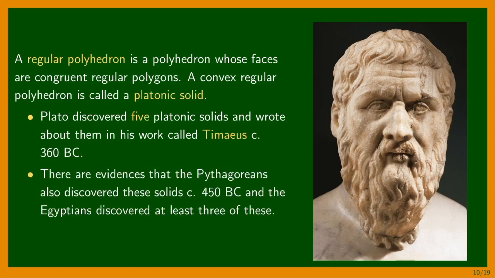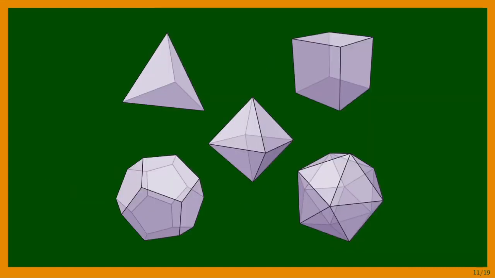But of course, even before Plato, it was known that the Pythagoreans and the Egyptians were already studying the solids or looking for the solids, and in fact, that's in a time even before Plato. Okay, and si Plato. It turned out na ito yung 5 Platonic solid na na-discover ni Plato.